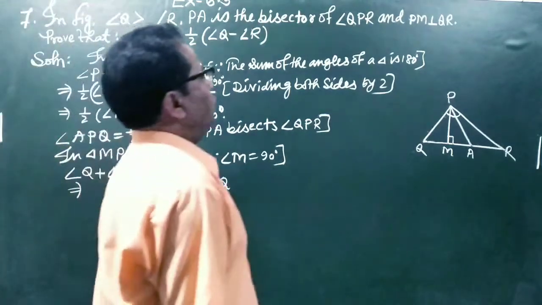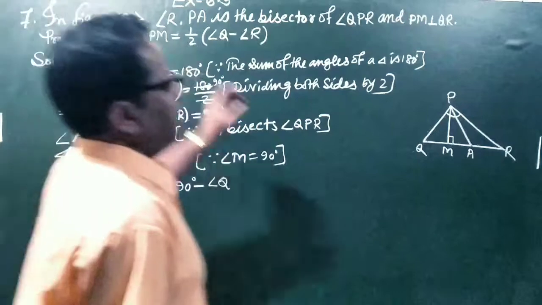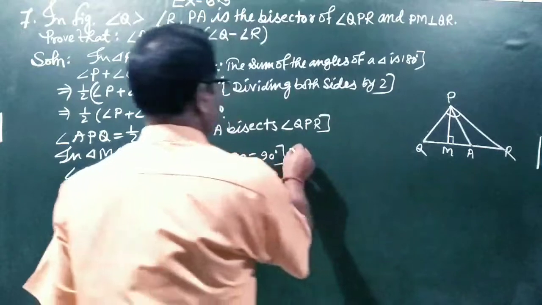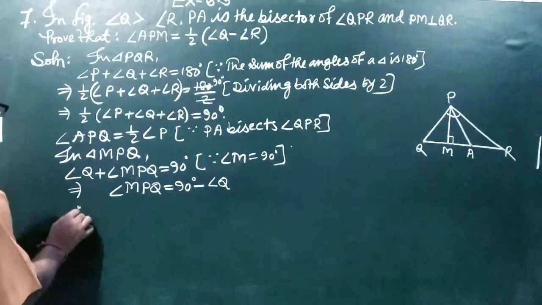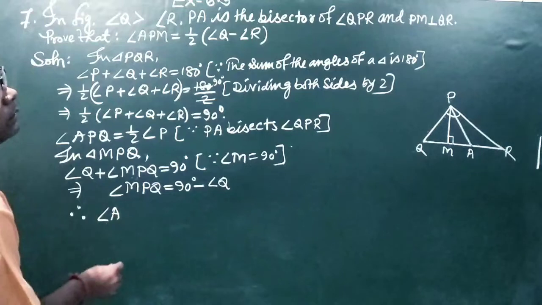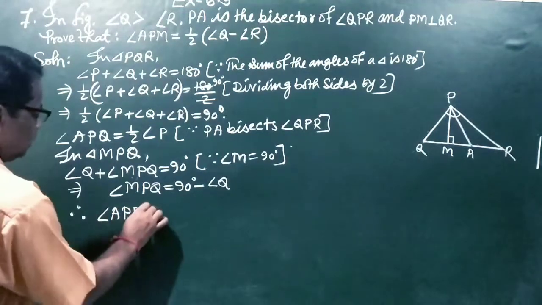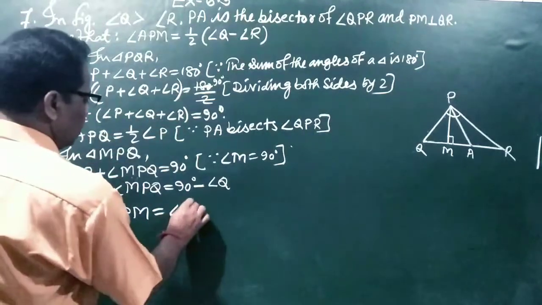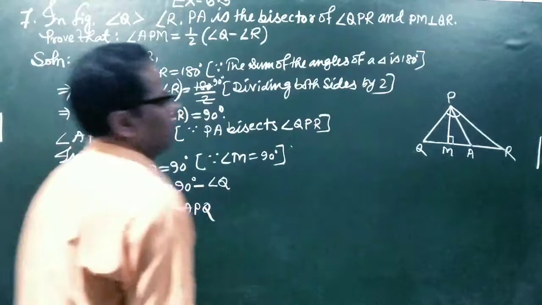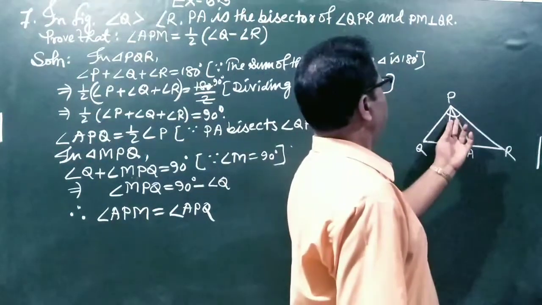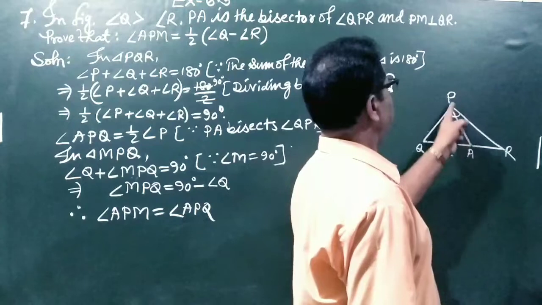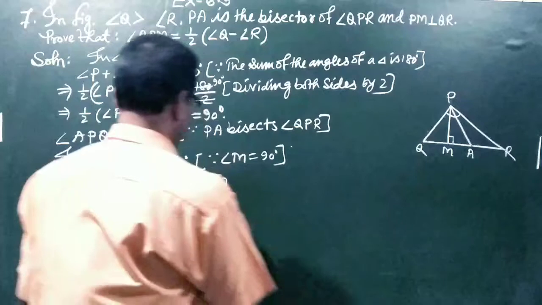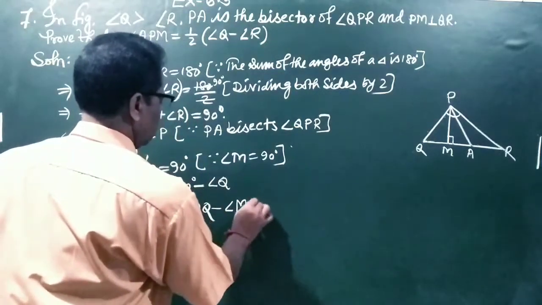Now our work is to prove angle APM is half of angle Q minus angle R. Therefore angle APM is equal to angle APQ, the bigger one, minus angle MPQ.